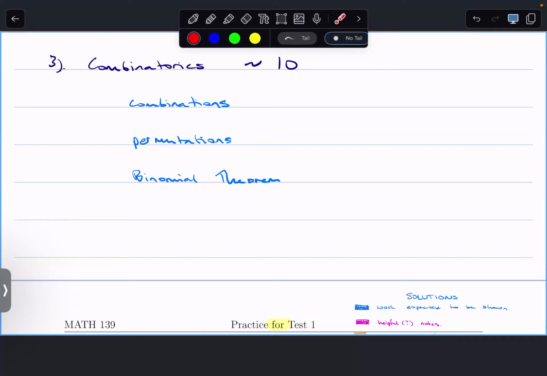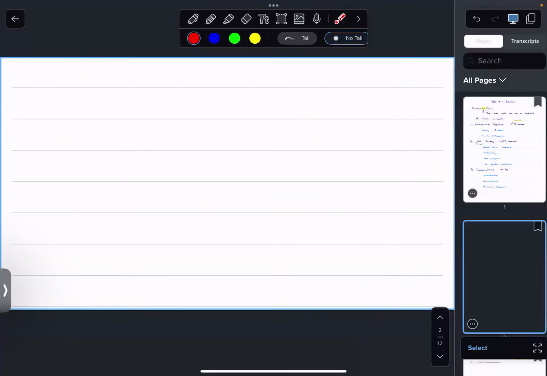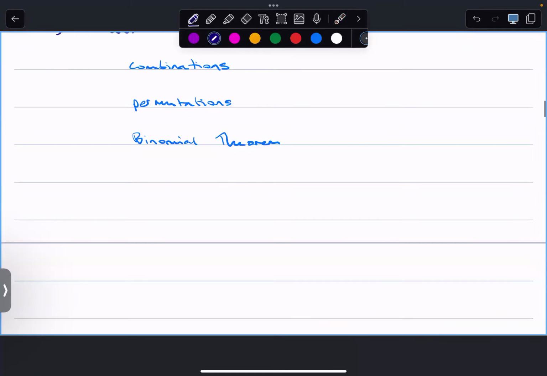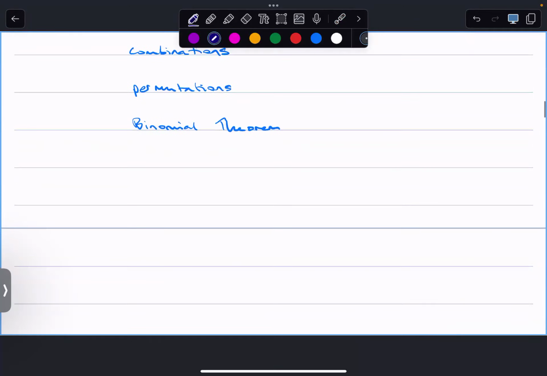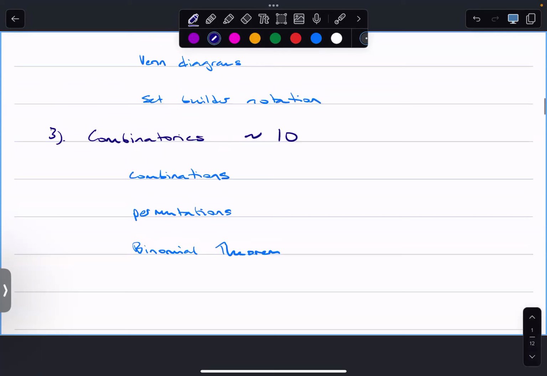Everyone's favorite: logic. I'll put it on a fresh page. This was chapter 2, of course.